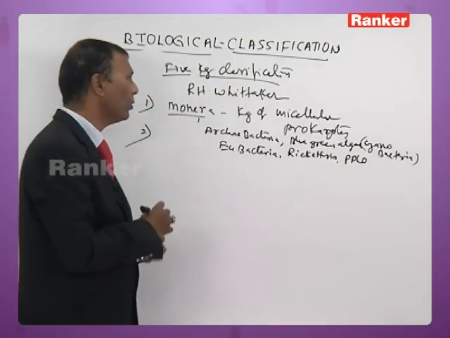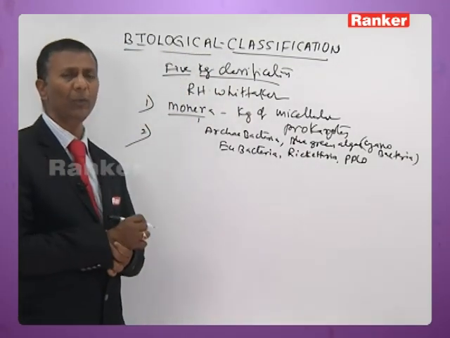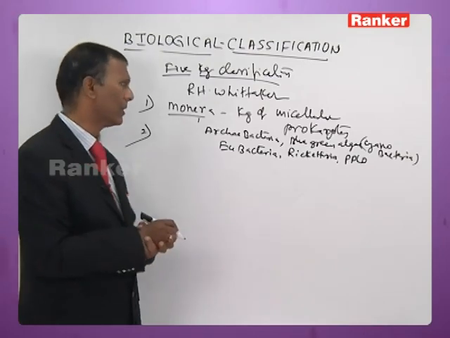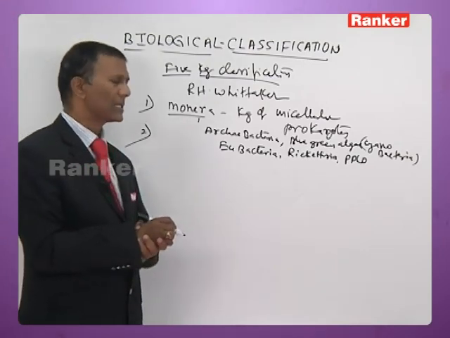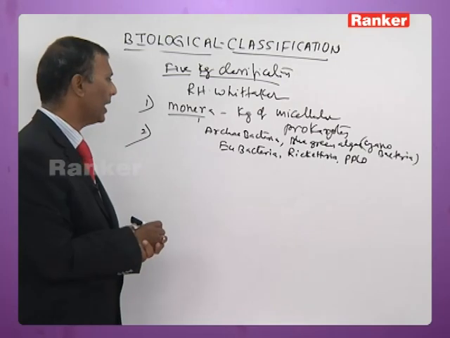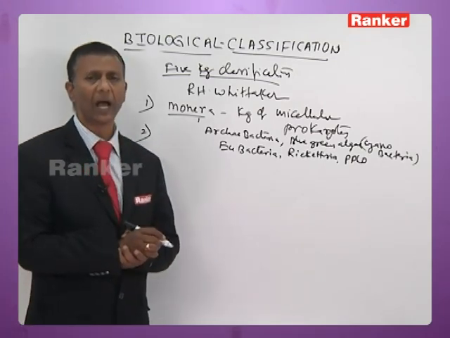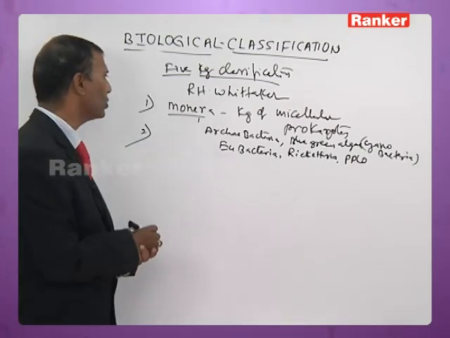So all these belong to Monera. They are all prokaryotes. We shall talk about them in detail later on. So Archaebacteria, cyanobacteria or blue-green algae, eubacteria, rickettsia and PPLO. All of them belong to Monera.